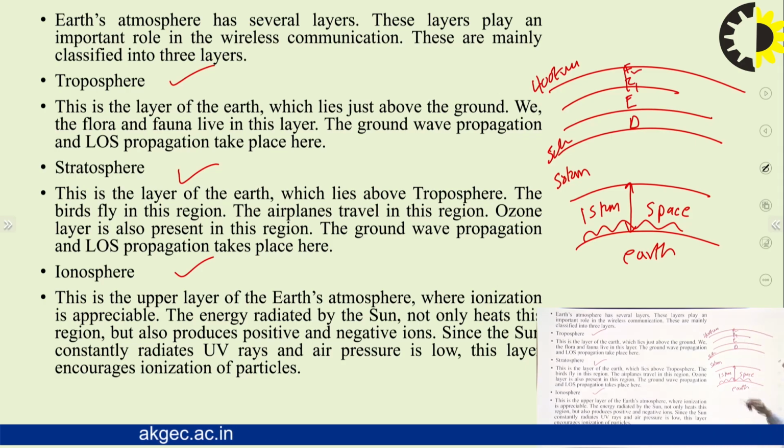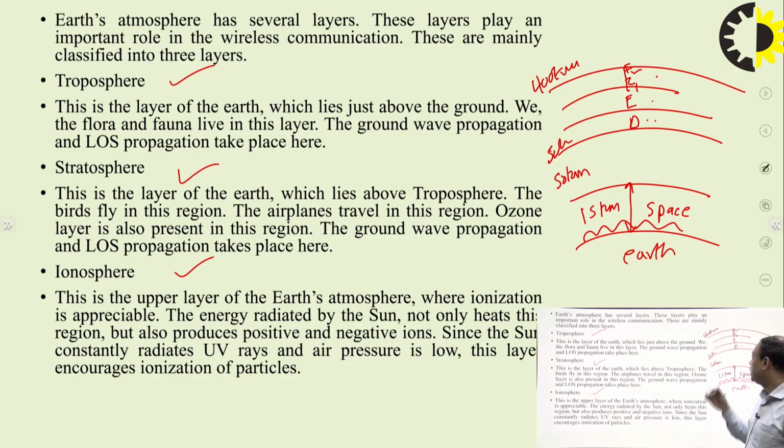When the wave enters these layers, the electron density of each layer is different, and as the frequency changes, the reflection property changes according to the incoming frequency, providing reflection to the incoming wave from the transmitter to the receiving antenna.